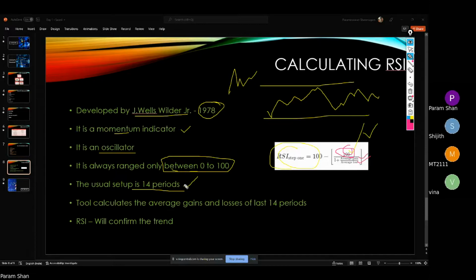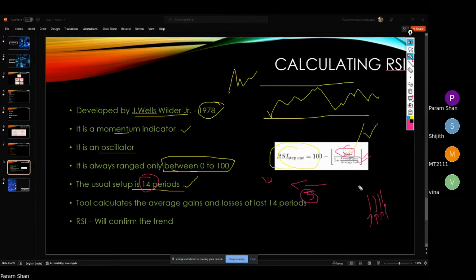Since we applied 14 periods, the system will always look back 14 periods. So if you are taking a 5 minute chart, it will check back the last 14 candles and identify the average gain or average loss of those 14 candles. What do you mean by average gain? In these candles, it could be a green one, it could be a red one, it could be a green one, it could be a red.